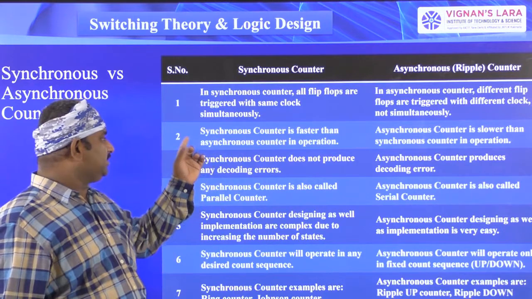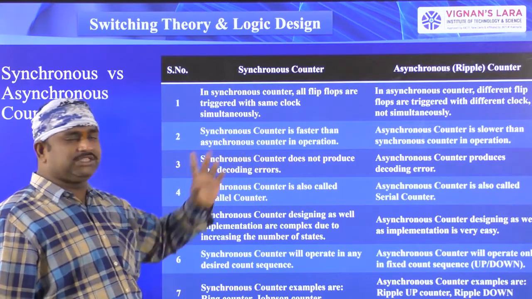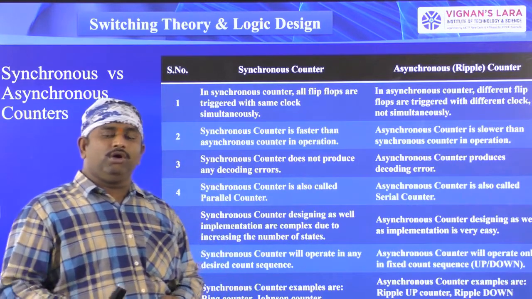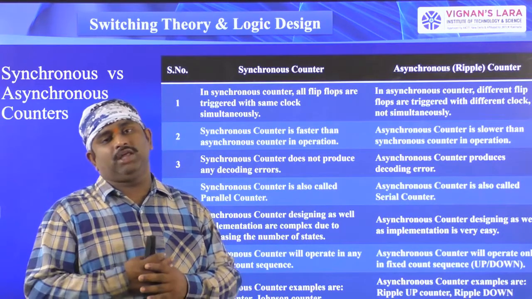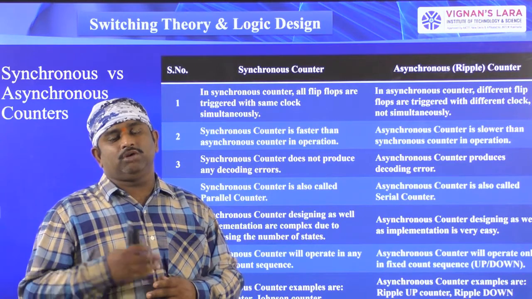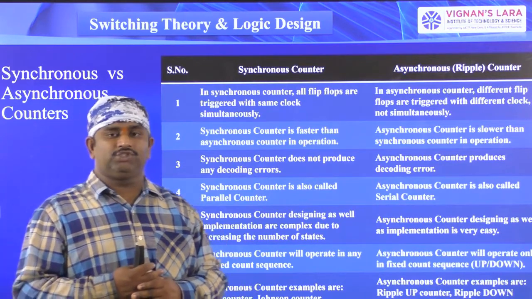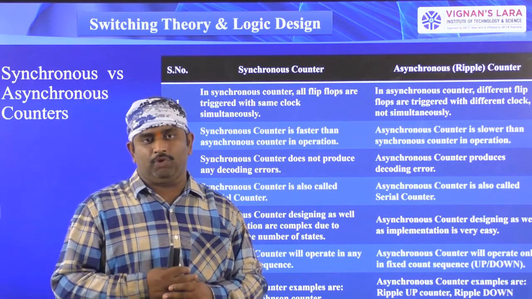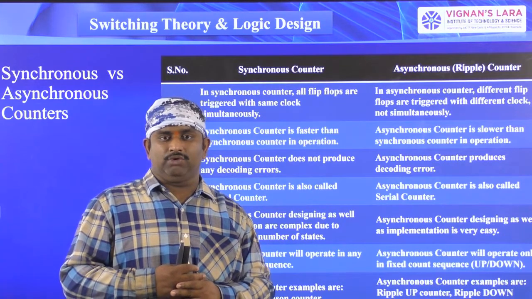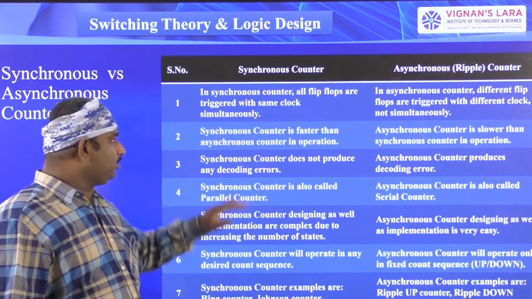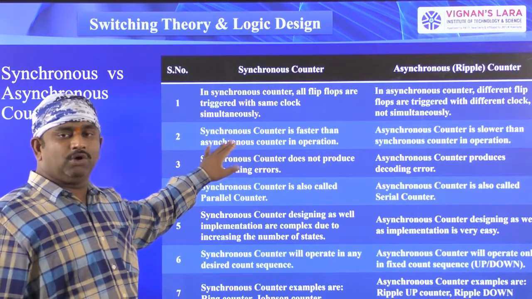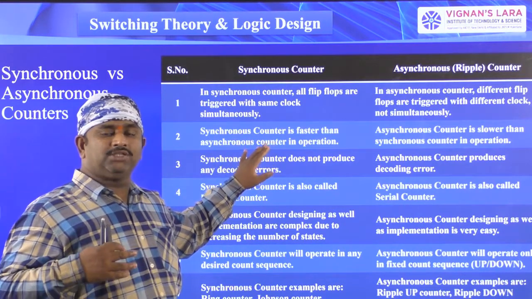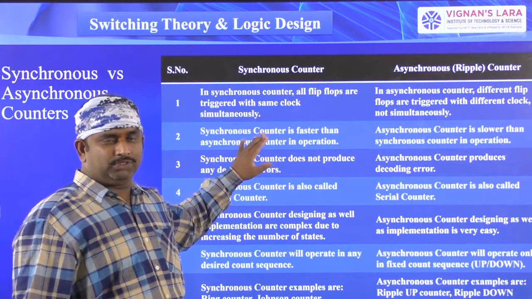Coming to the second difference, synchronous counter is faster than the asynchronous counter operation. The second flip-flop has to wait to get the clock signal. The clock signal will change or not change based on the first flip-flop output in the asynchronous counter. But in the synchronous counter, all the flip-flops are working at the same time, so it will give outputs as fast as possible.